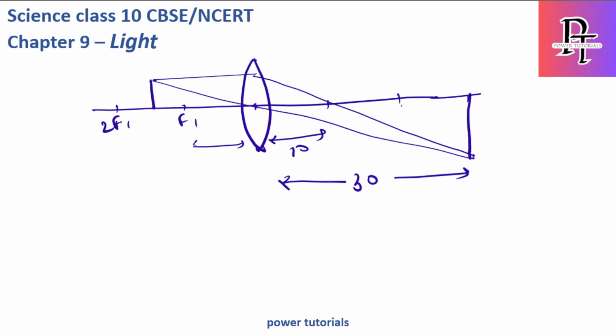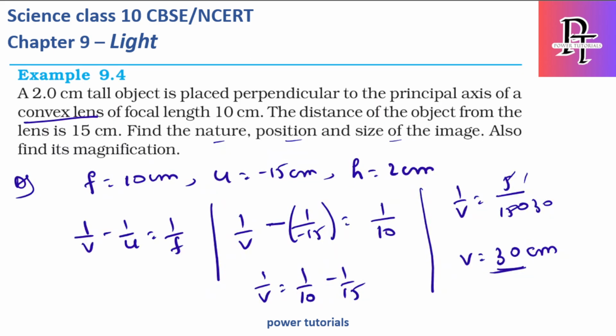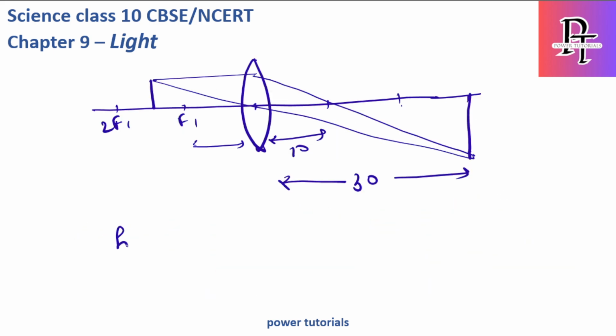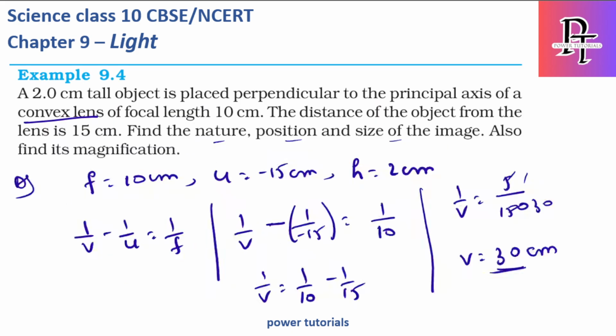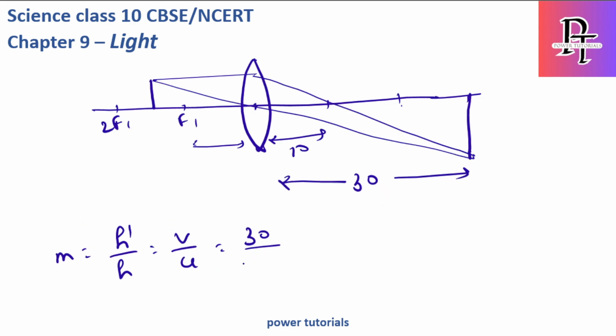We'll also find the height, which they have mentioned as 2 centimeters. I'll just use the magnification formula, which is h dash by h, and for a lens I told you it is just v by u. V is how much? 30. U is minus, what is the u value? -15. So it is -2.